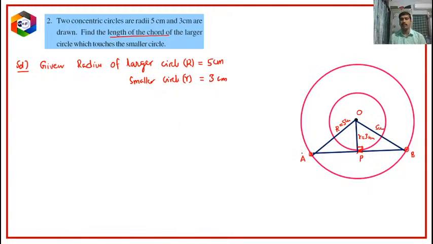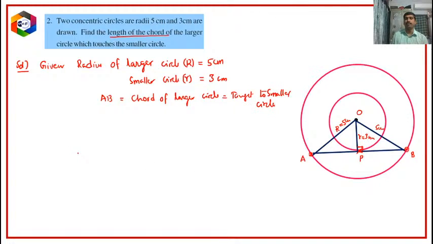Now AB is the chord of the larger circle. Chord of larger circle అంటే పెద్ద వృత్తానికి chord, and it is a tangent to the smaller circle also. Tangent to the smaller circle. So why? Because it is touching the circle at P. Okay, so this is the given information.